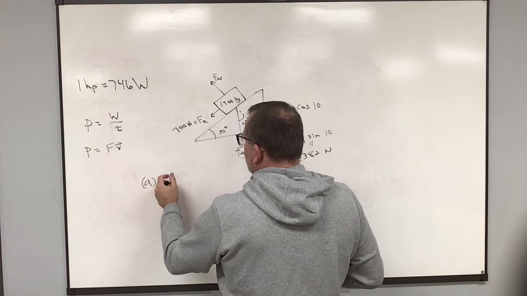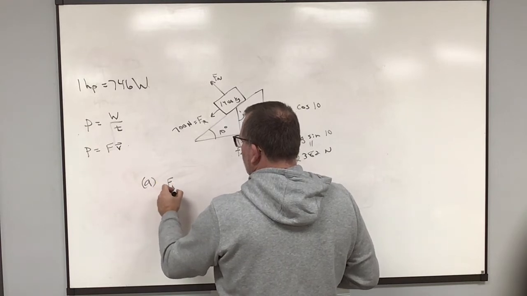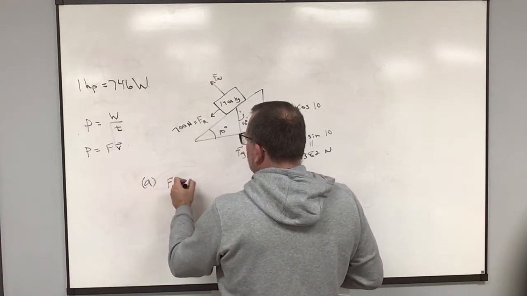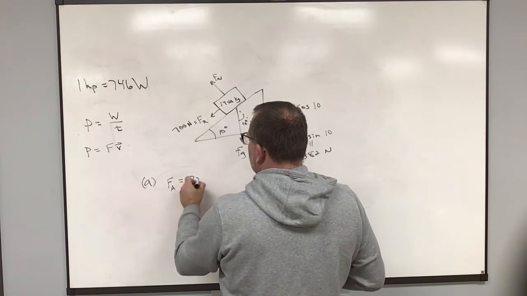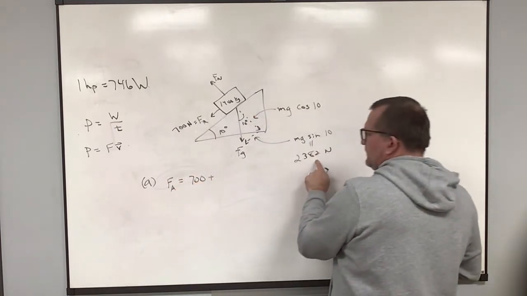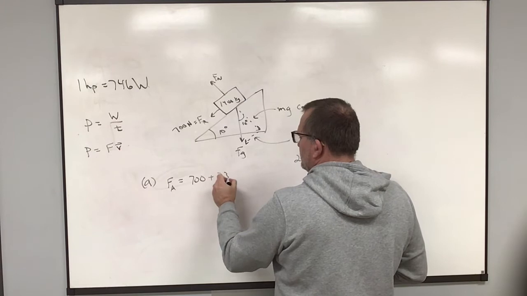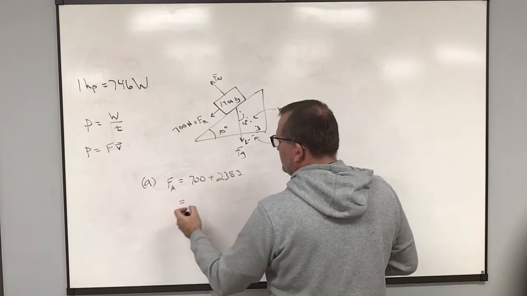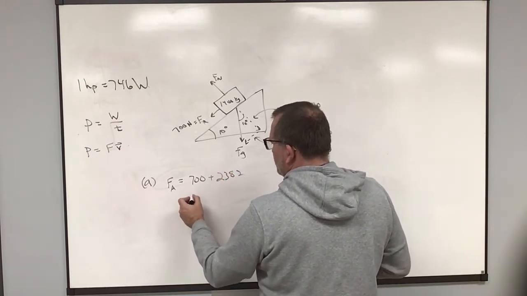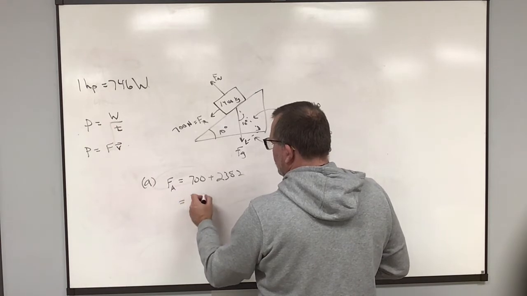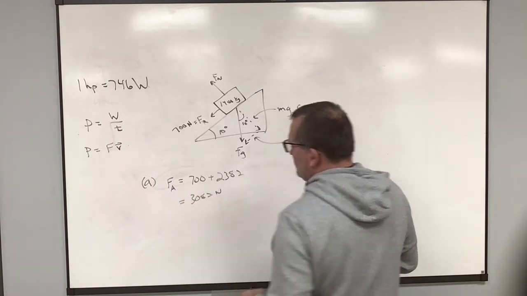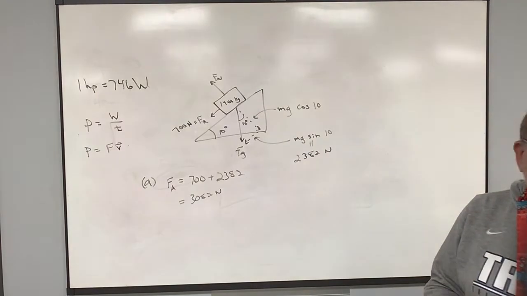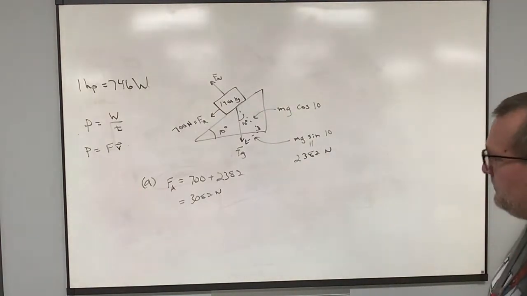So the force applied equals 700 plus this force, 2382, which is going to be 3,082 newtons. That is the applied force to keep this thing moving at a constant speed.